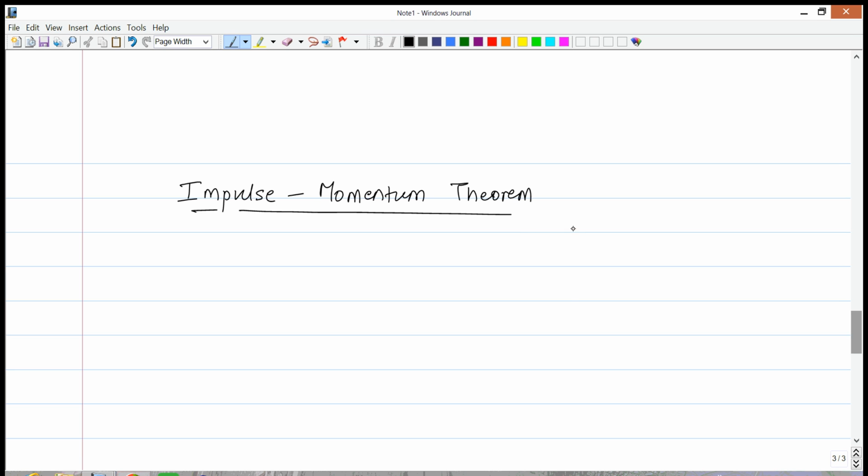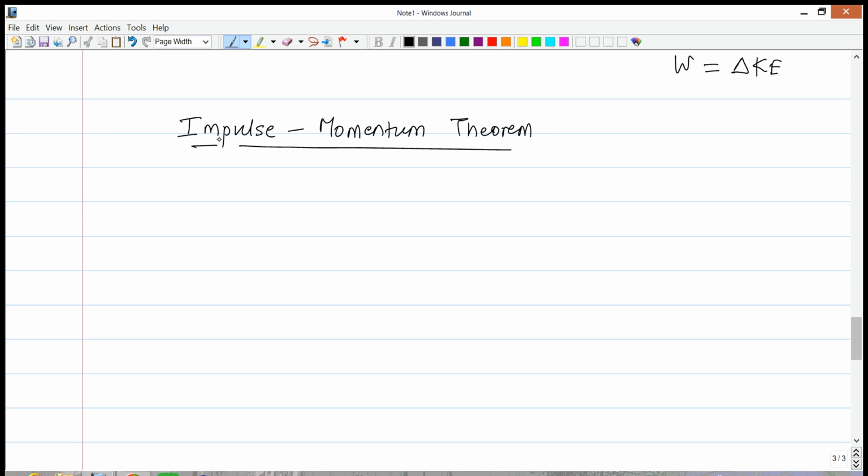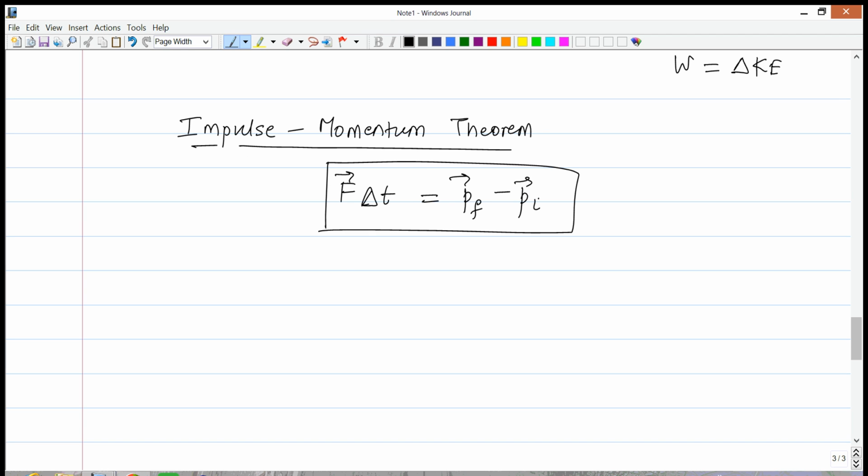The work kinetic energy theorem, if you remember, said that the work was equal to the change in the kinetic energy. Now the impulse momentum theorem says that the force times time is equal to pf minus pi. So this is the impulse momentum theorem. It says that the impulse is equal to the change in the momentum.